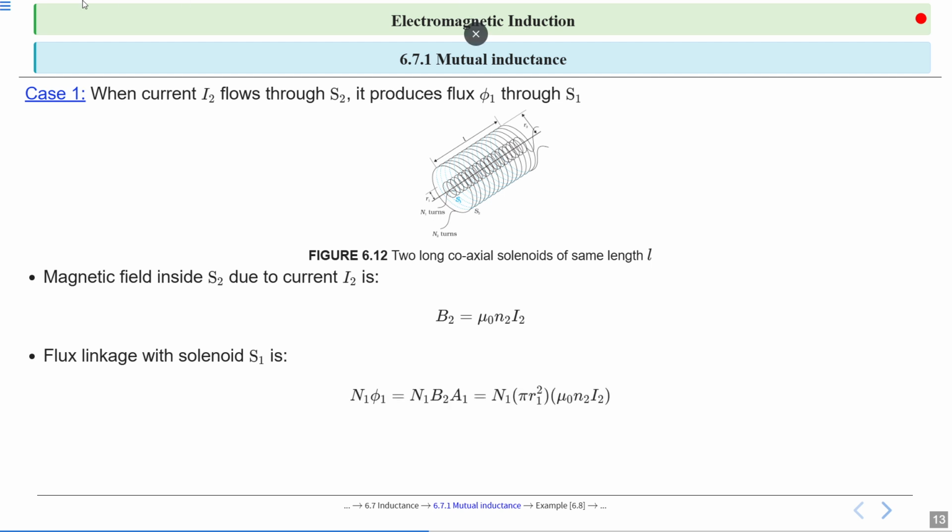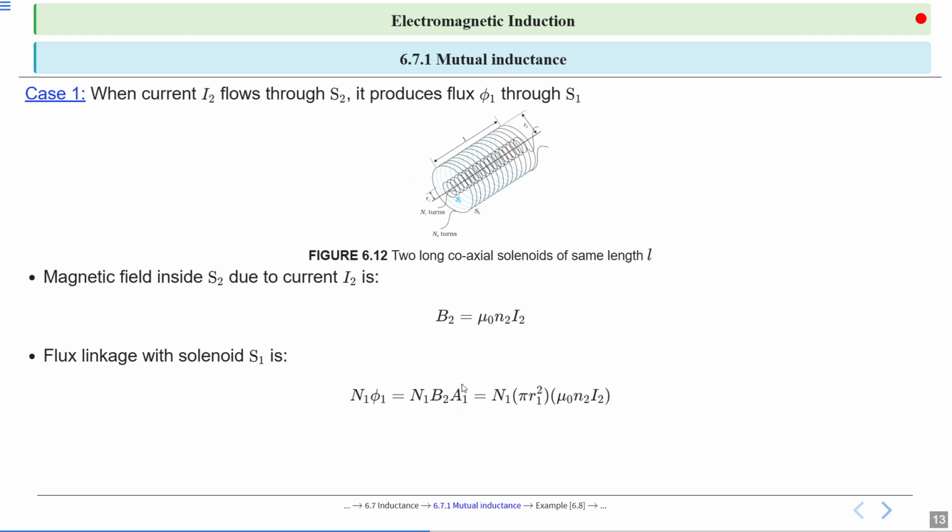You can visualize that magnetic field lines are passing through this S1 coil. So the area of S1 will be considered, but the magnetic field of S2 will be considered. So N1 phi 1 will be equal to N1 into B2 into A1, the area of the S1 coil.